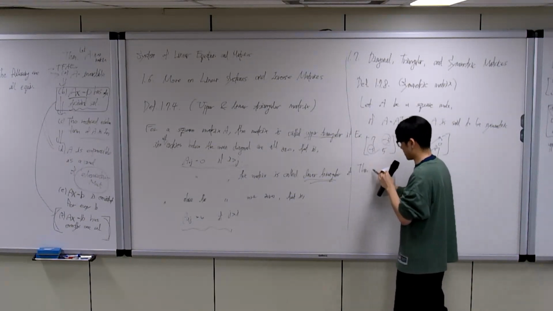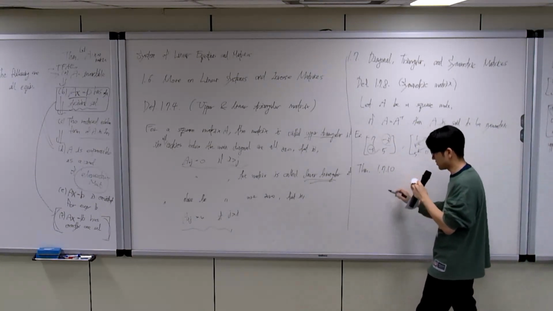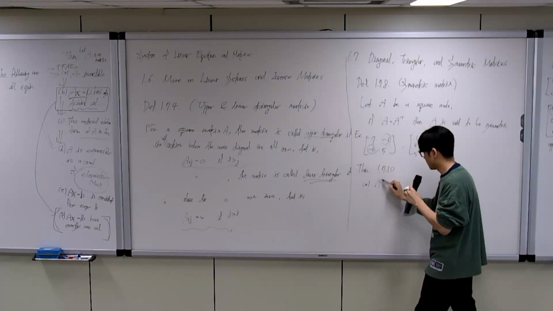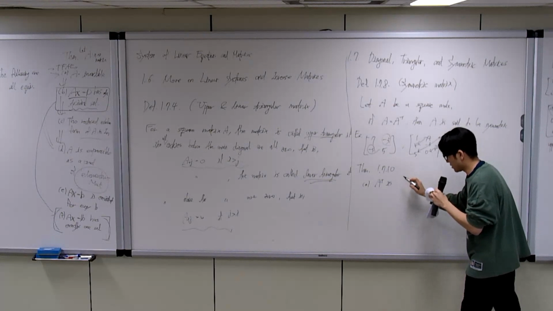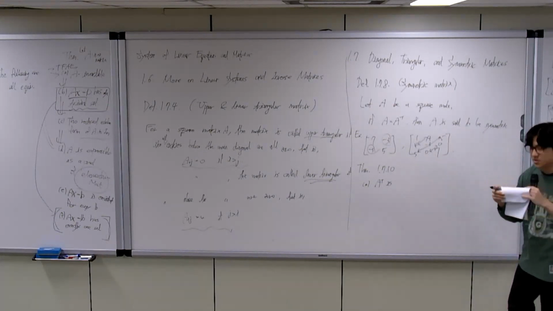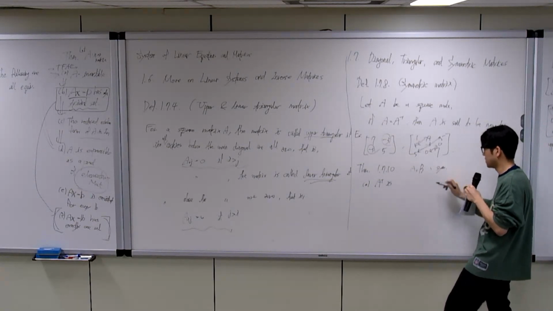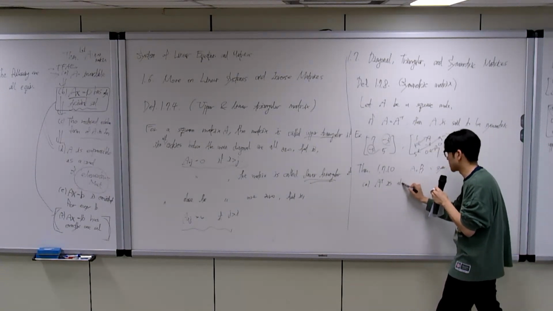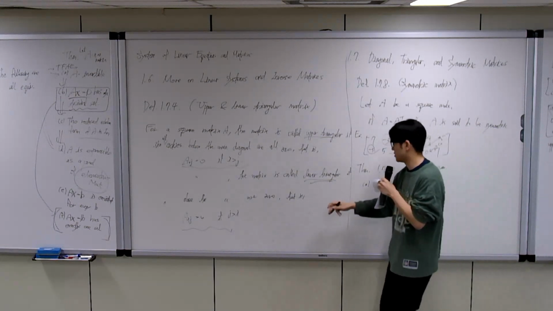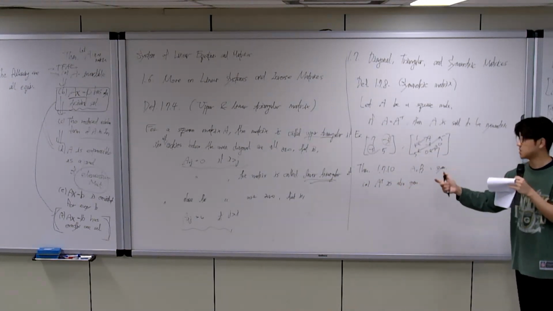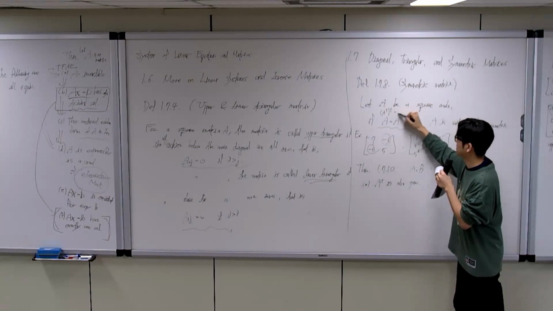So there are some properties of symmetric matrices. If A and B are symmetric matrices of the same size, then A transpose is also symmetric, because by the definition we can see this easily: the transpose is the original matrix.